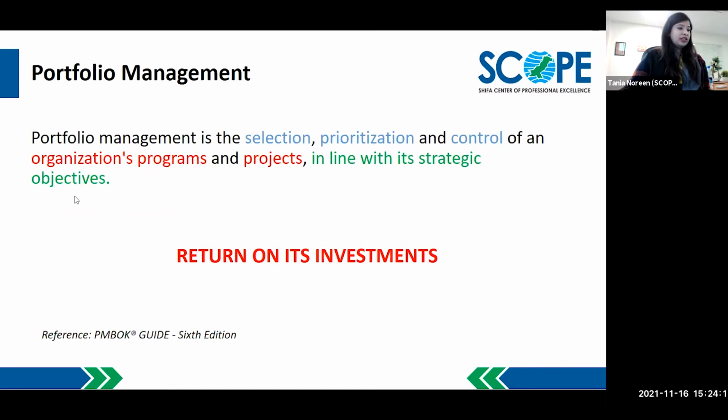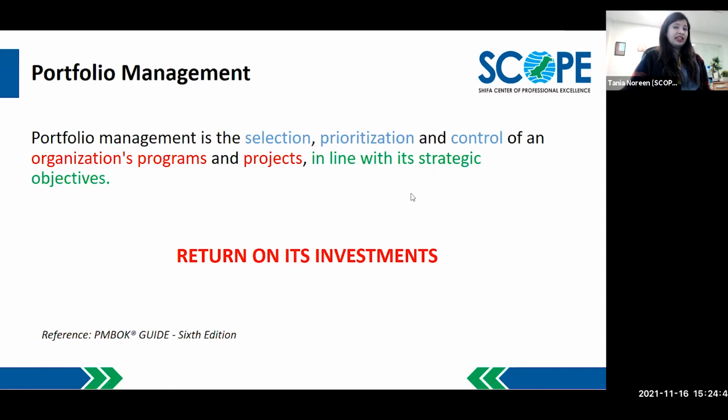The goal is to balance the implementation of change initiatives and the maintenance of business as usual while optimizing return on its investments. Here in portfolio management, organization programs are going on, organization projects are going on, which are aligned with the strategic objective of the organization.